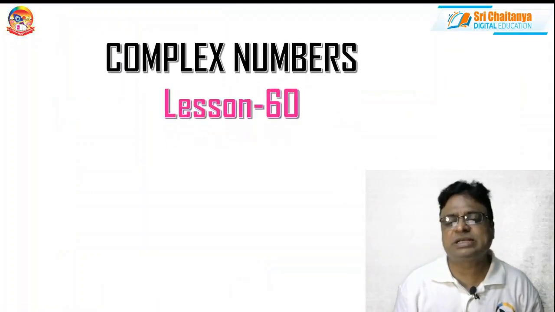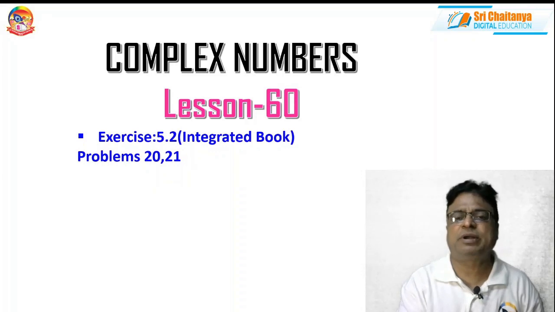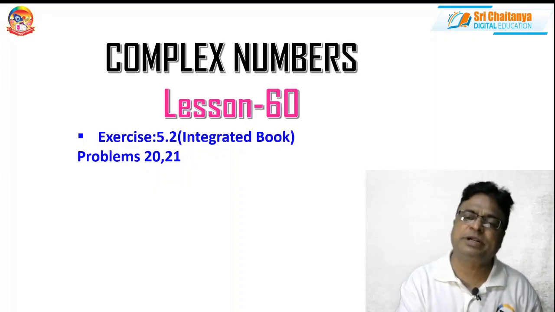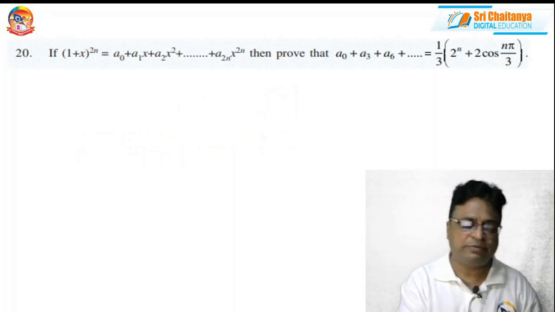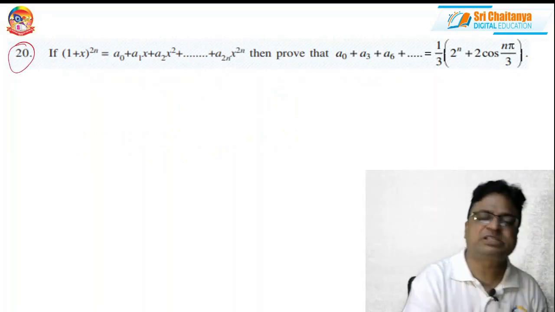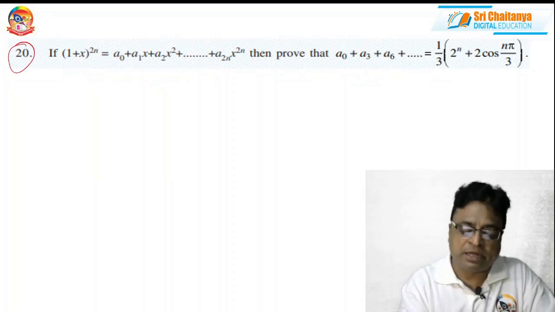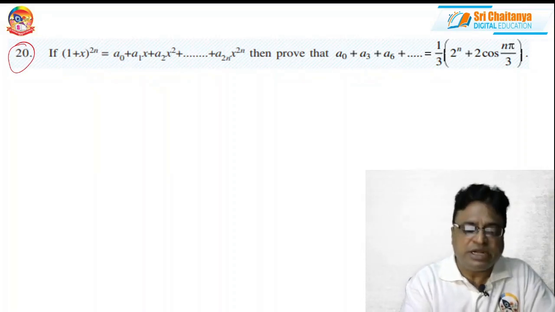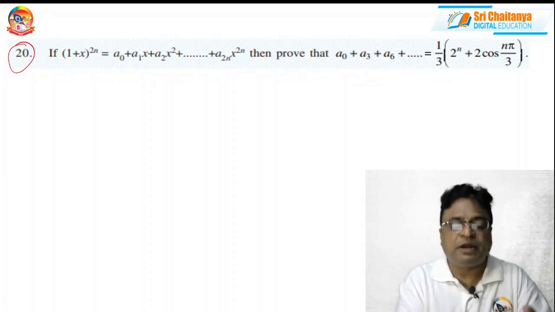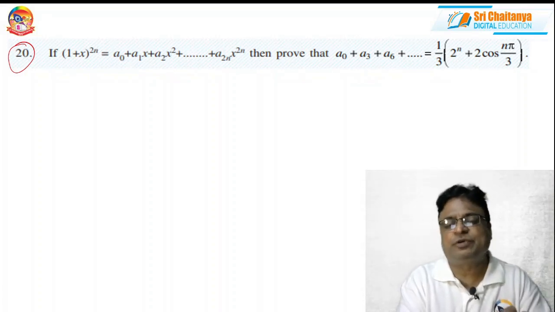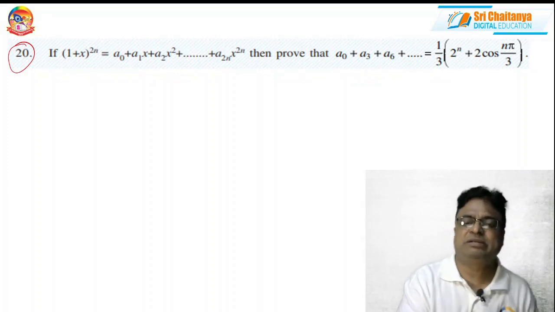And in this lesson 60, we are concentrating on problem number 20 and 21 of exercise 5.2 of the ICON integrated textbook. Okay. Now coming to problem number 20. This is also one of the brilliant questions. You may expect this kind of model, especially for JEE Advanced examinations. It is a beautiful application and a linked and mixed problem with the binomial theorem and complex numbers.